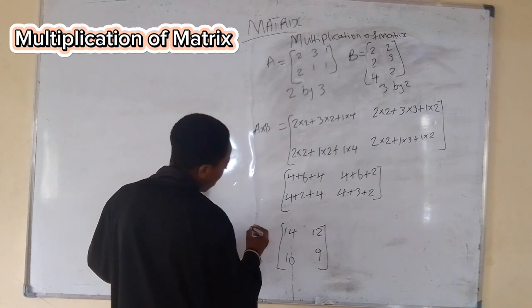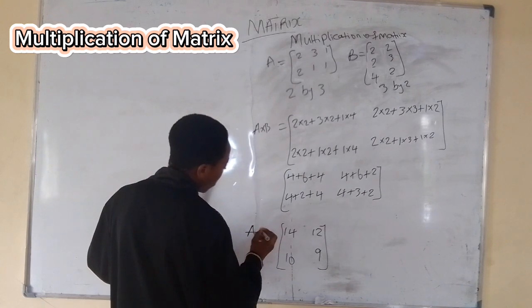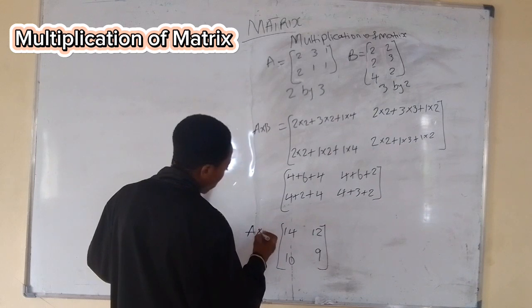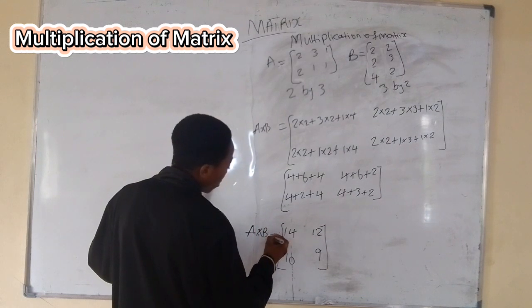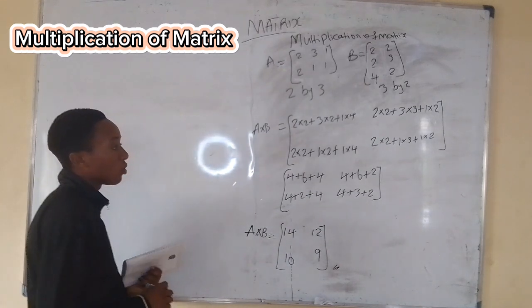So our A plus B, A times B. So these are how you find multiplication.